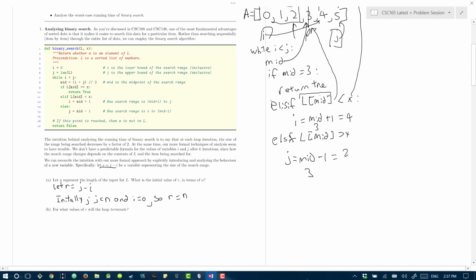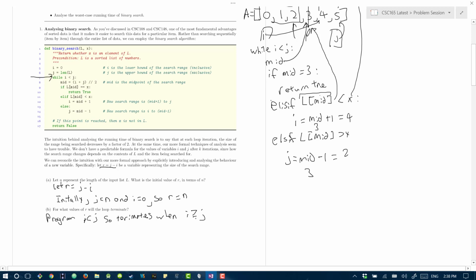Okay, so for what values will it terminate? Let's think about this here. The program, we know from here, runs as long as this is true. So it terminates when, if we just flip this, i is larger than or equal to j.